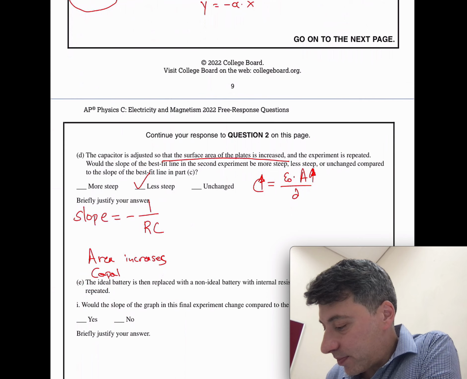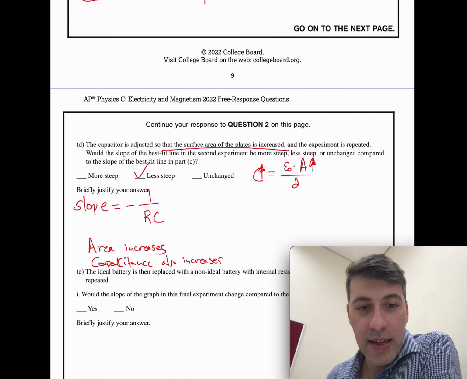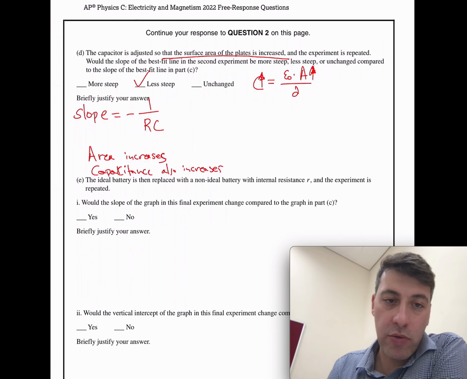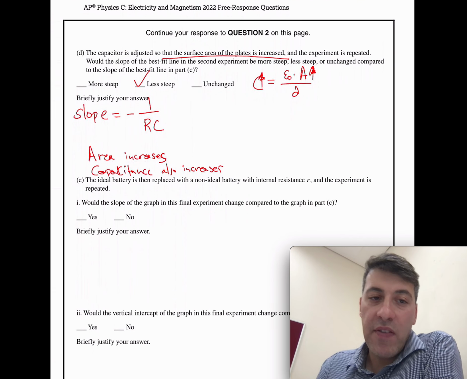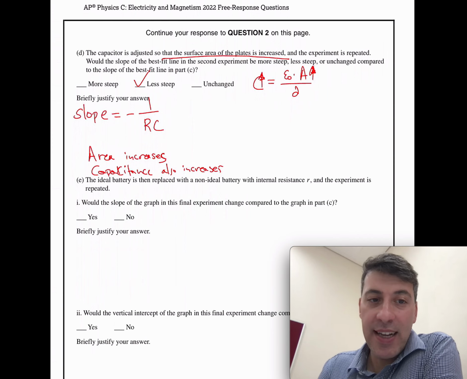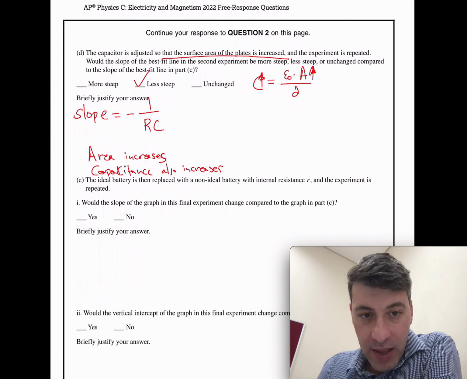The capacitance also increases, and the capacitance and the slope are inversely proportional. So we need to mention this. The value of the slope decreases, and this means that the slope becomes less steep.